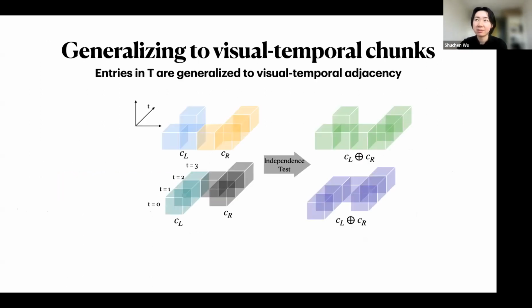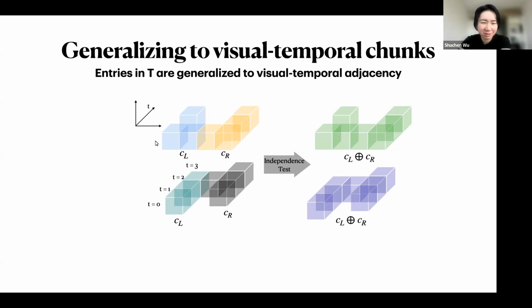One thing we did, as John asked, or Zoe asked, was to see whether we can extend this principle to higher dimensional domains. Basically, we try to extend the same principle to generalized chunk learning in visual temporal domains. In visual temporal domains, the chunks are no longer one-dimensional sequential units, but you can imagine them as three-dimensional cubes.